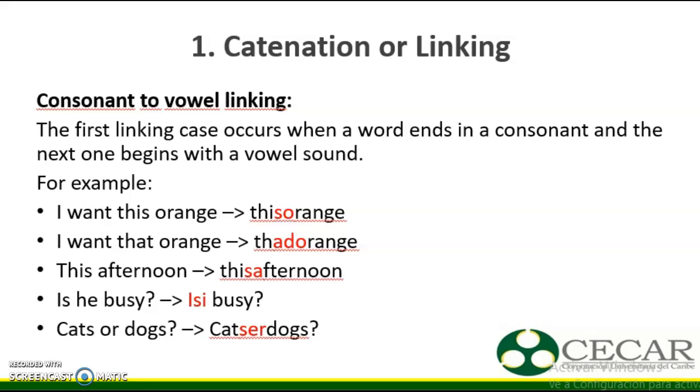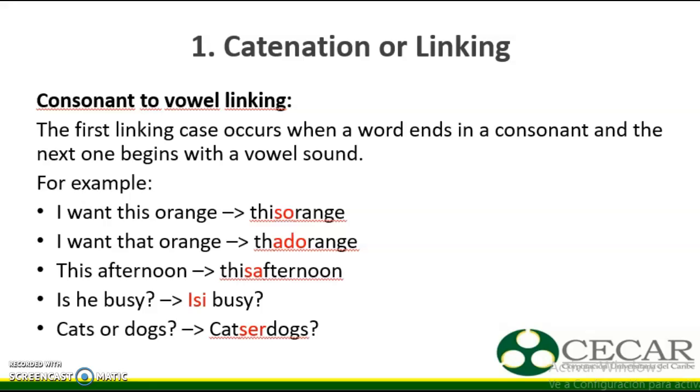Consonant to vowel linking. The first linking case occurs when a word ends in a consonant and the next one begins with a vowel sound.